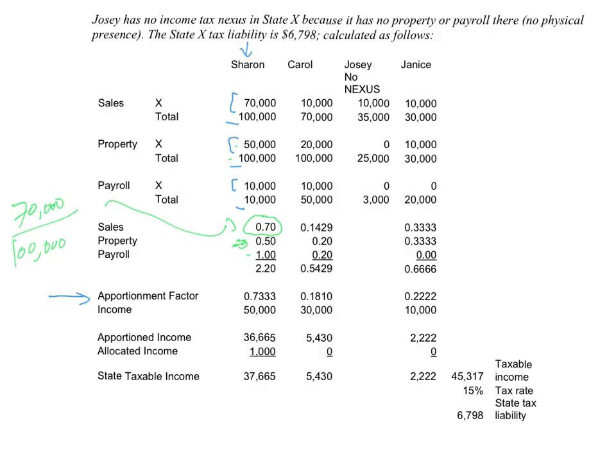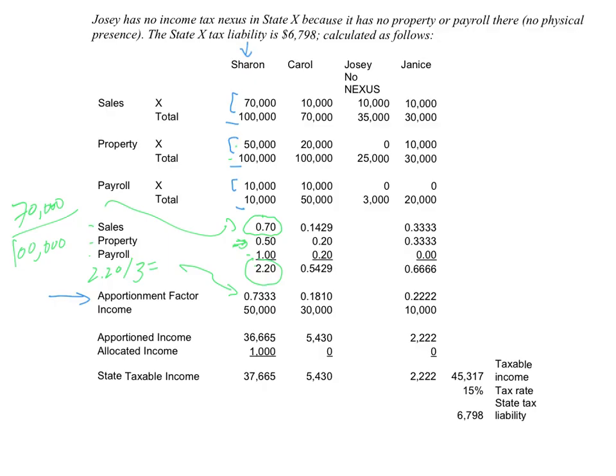Now, three-factor apportionment. Add all those up, and that gets you to 220. So what is their apportionment factor? You take that 220, divide by 3, and that's how you get the apportionment factor.